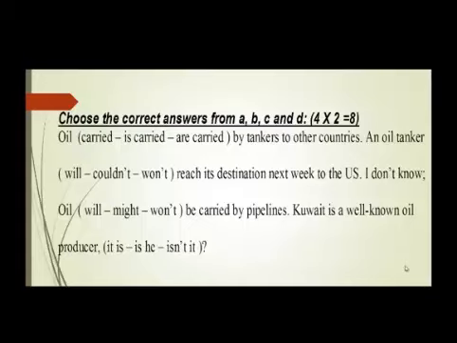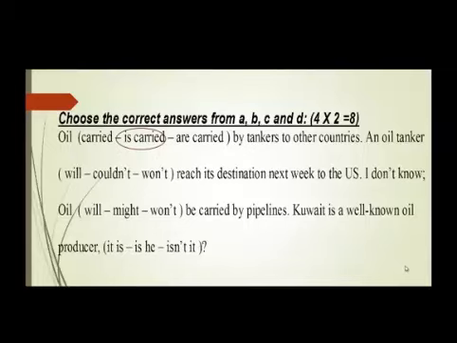Now, we are going back to the first sentence. Oil, here you have passive voice. You are between two choices, is carried or are carried. Oil is carried by tankers to other countries.